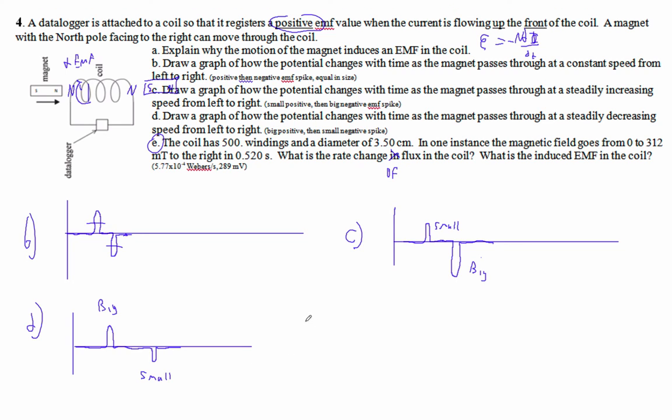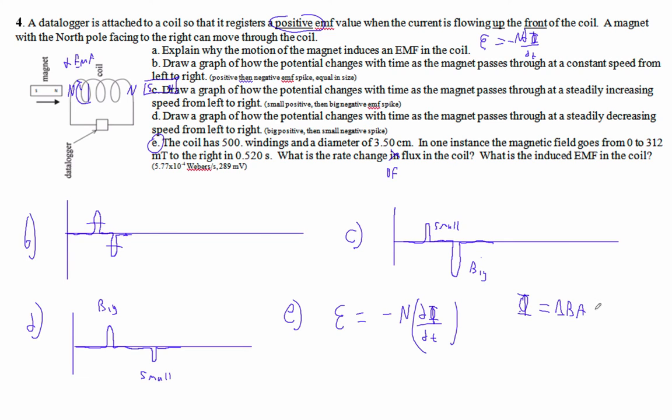All right, so for E, remember that EMF is minus N dΦ/dt. The rate change in flux is, in this case, the change in B, because the area doesn't change.